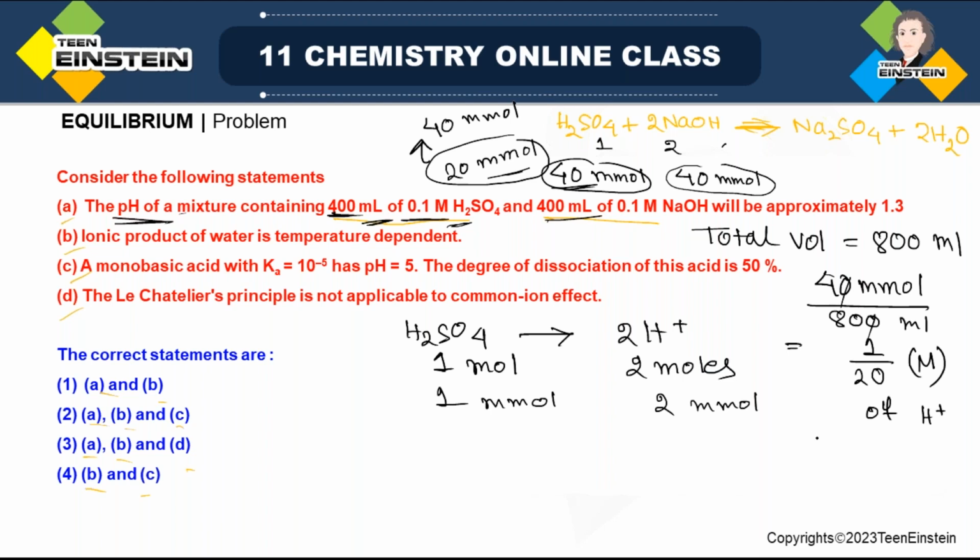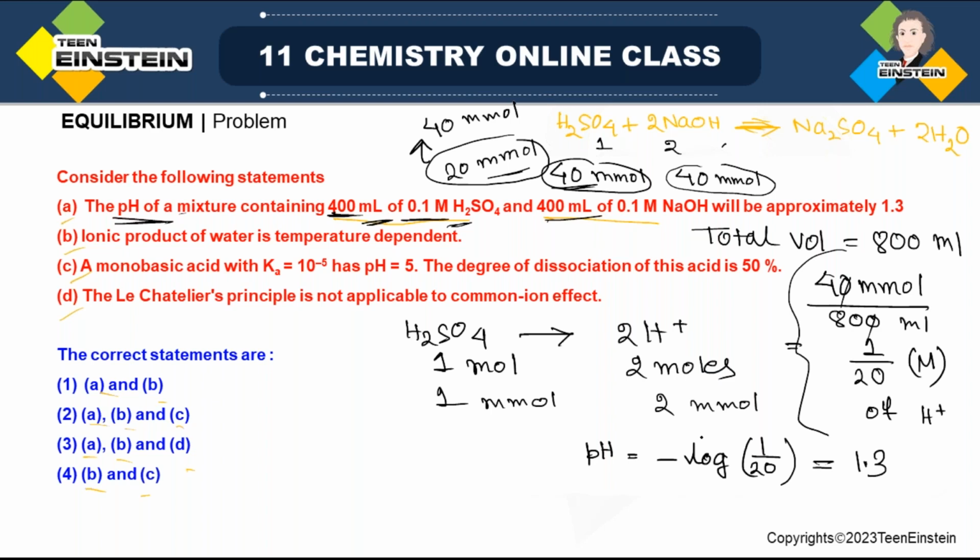To find pH, you need the H plus concentration, which we calculated as 1 by 20. So the pH is the negative logarithm of H plus, 1 by 20 or 0.05, and that value is 1.3. So this is a correct statement.